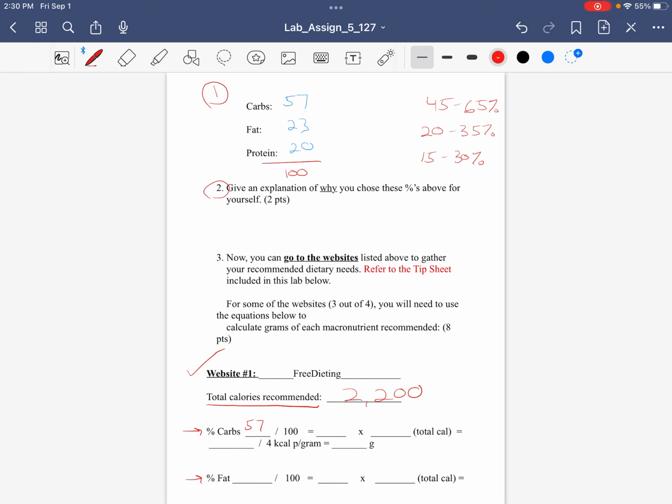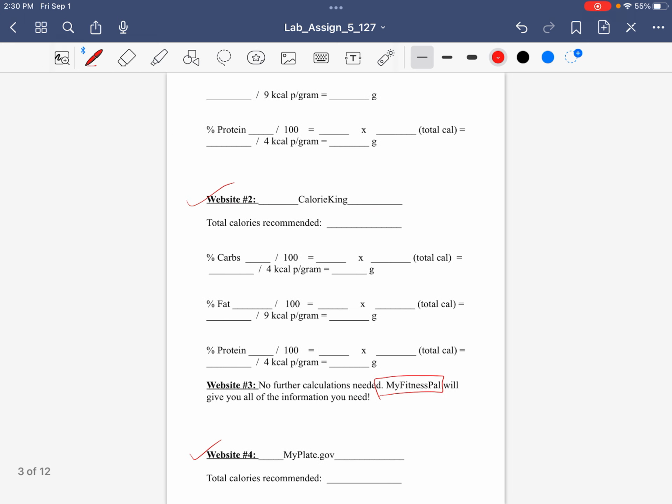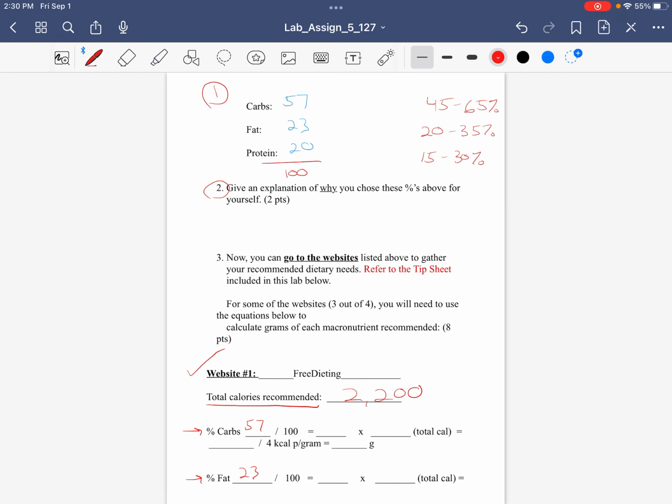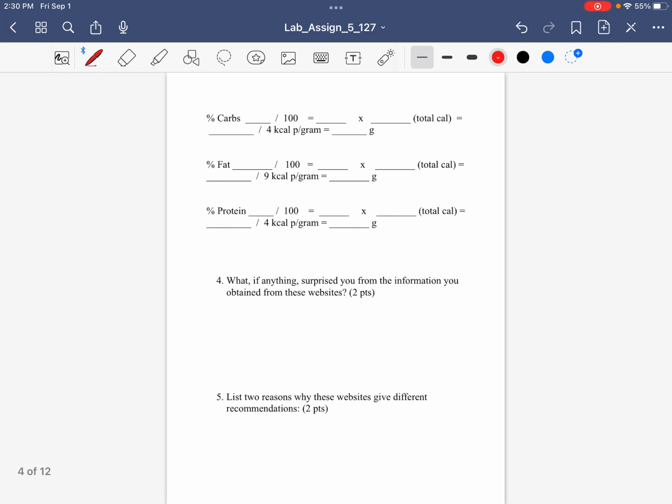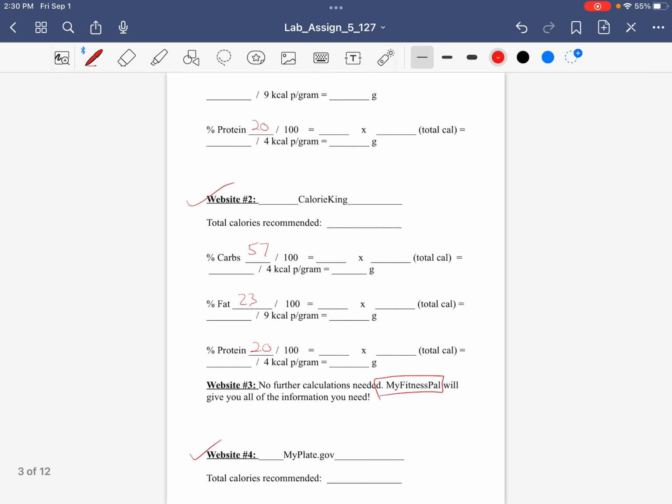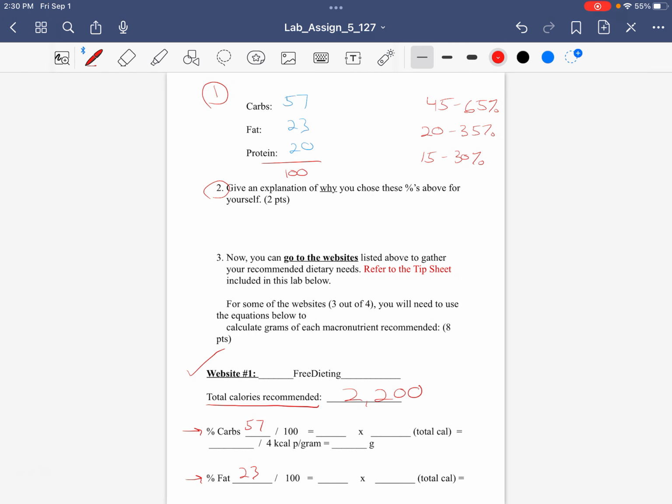I said 57% carbs, 23% fat, and 20% protein. As a matter of fact, I can add these 57, 23, because it's going to be the same for all of them, the percentages.